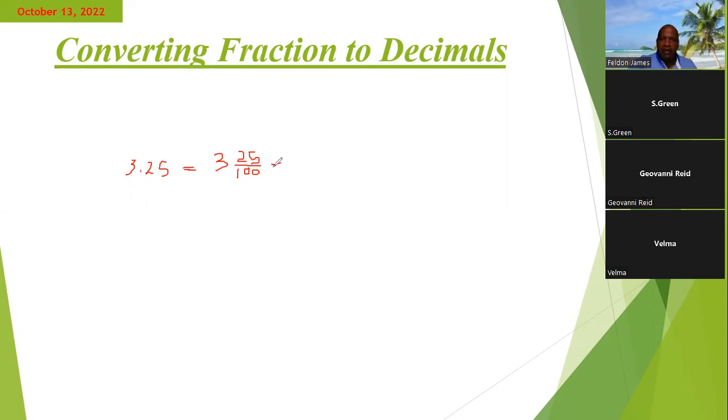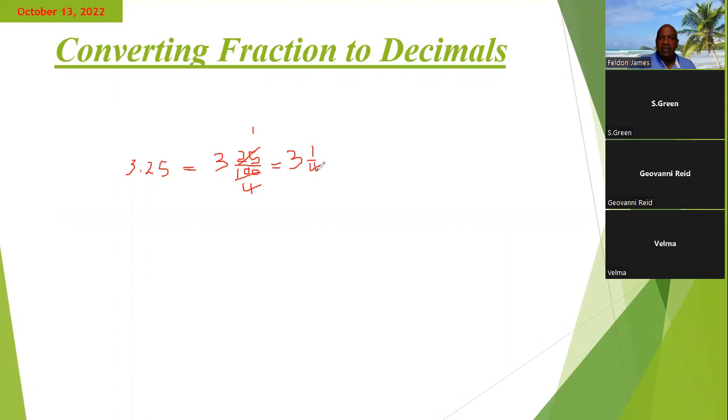Find a number that can divide both the numerator and the denominator without a remainder. In this case, we can use 25. 25 into 25 goes 1, and 25 into 100 goes 4. Now we write back the whole number and the fractional part. So this becomes 3 1/4.